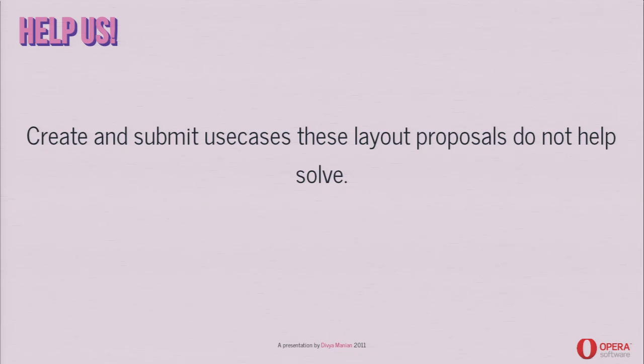And even if you think the wording is not clear, you should jump on the mailing list and ask about that. Maybe you have some use cases that are not covered by these layout proposals. In that case, create those use cases and submit them so that the working group can look at it and see if it could be accommodated with the current layout proposals, or maybe it needs a new proposal.